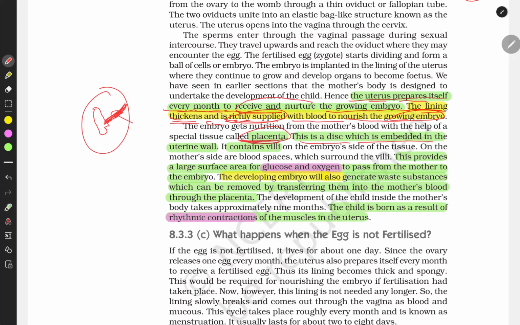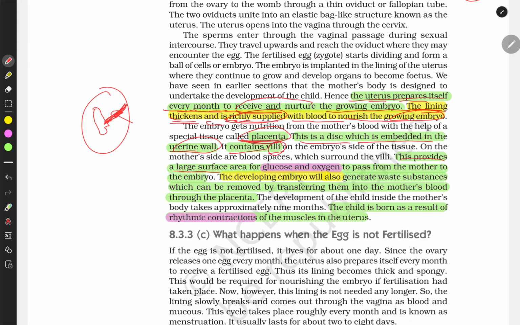This is a disc which is embedded in the uterine wall. It contains villi, like those we study in the intestine, which have a large number of blood-supplying arteries and veins.